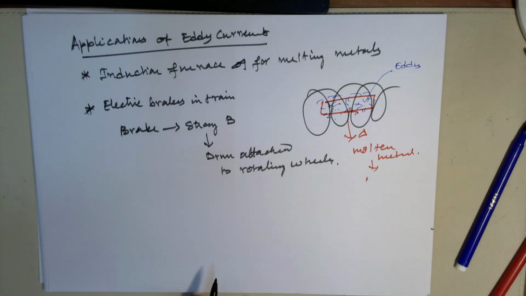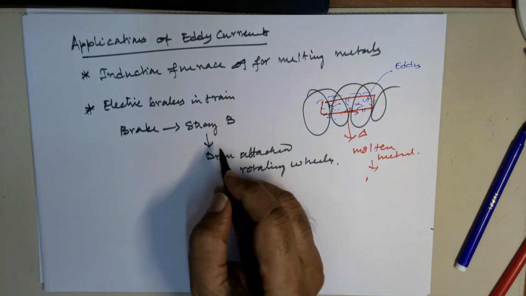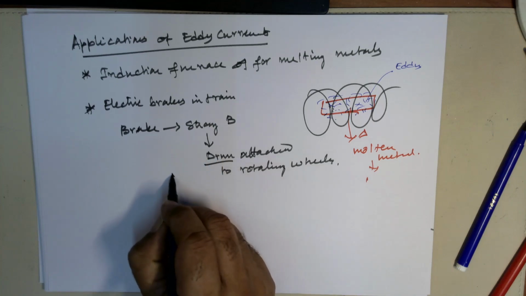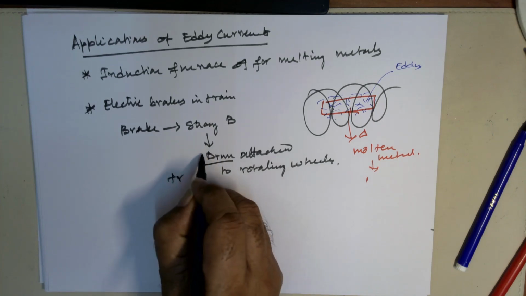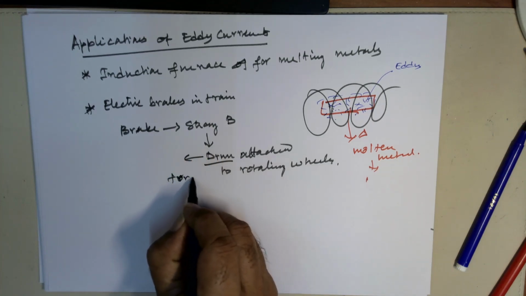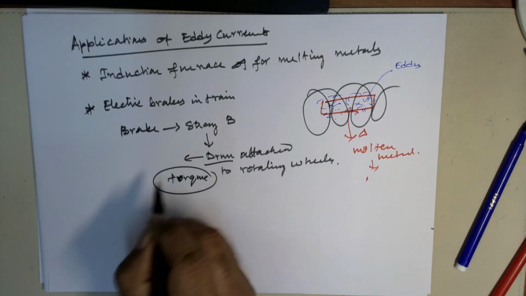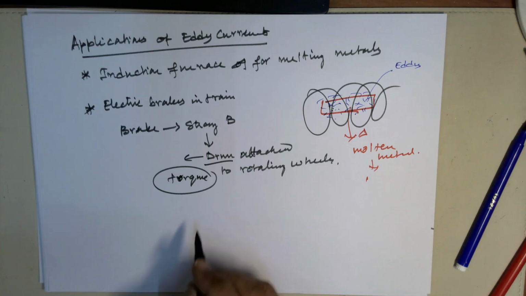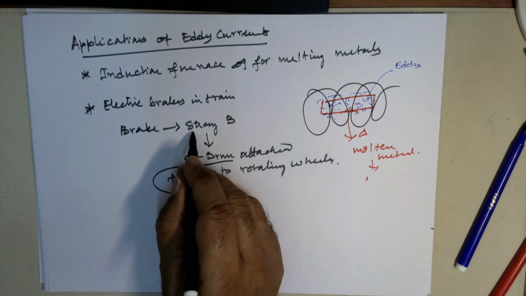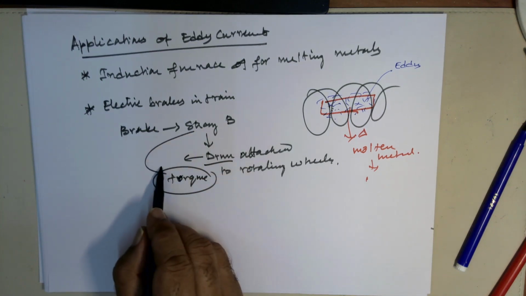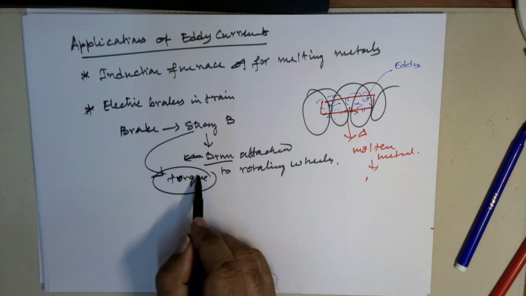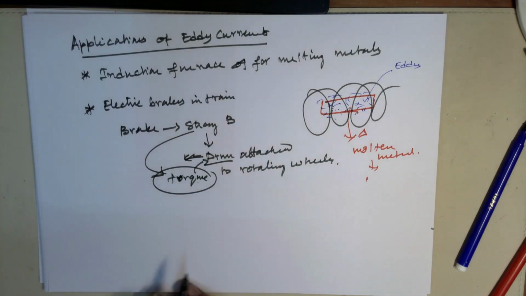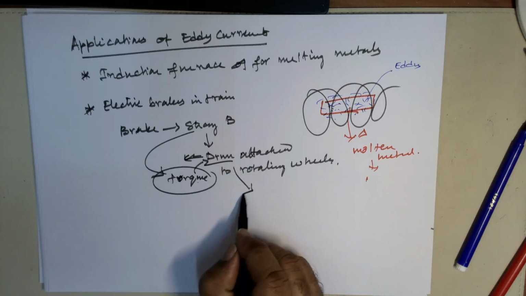The eddy currents are set up in the drum and exert a torque. So this causes a torque. So a strong magnetic field produces torque, and this torque is applied to the drum so that the train can be stopped.